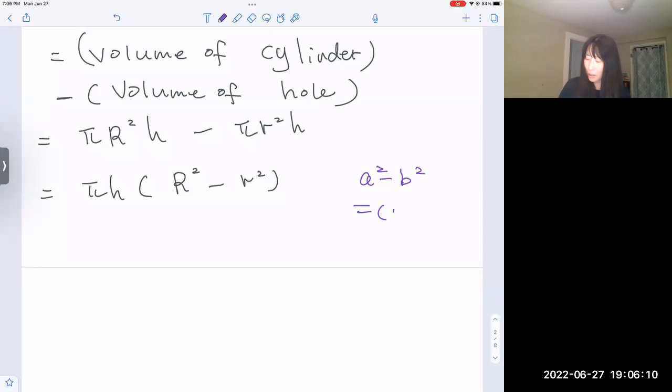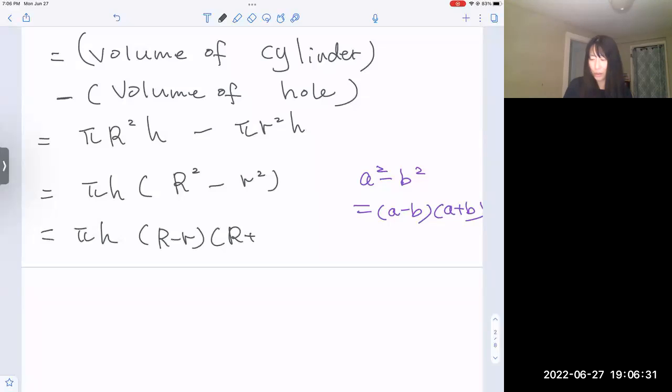So there is a minus b and a plus b. I want to use it here: uppercase R squared minus lowercase r squared, which is, let me just write it down because it's hard to tell, R plus r times R minus r, right? Okay, by following the formula.